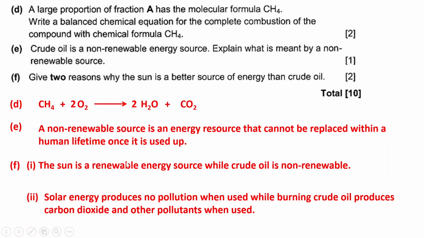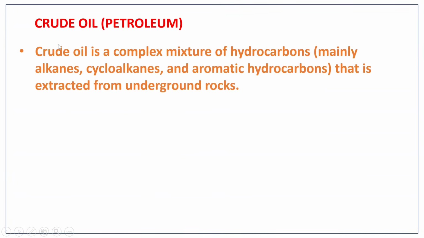Now, to do a quick recap, we have to look at crude oil. For you to understand the topic, you have to look at crude oil, also known as petroleum. So, what is crude oil?